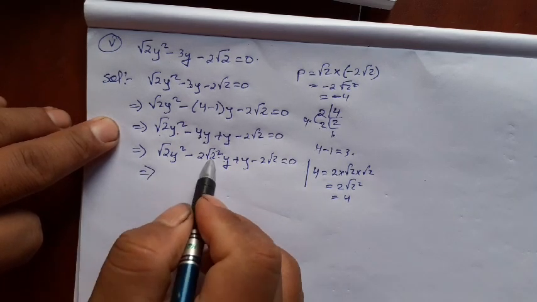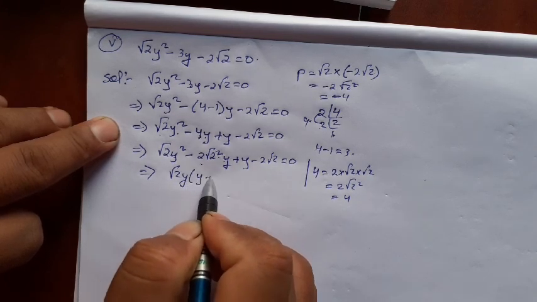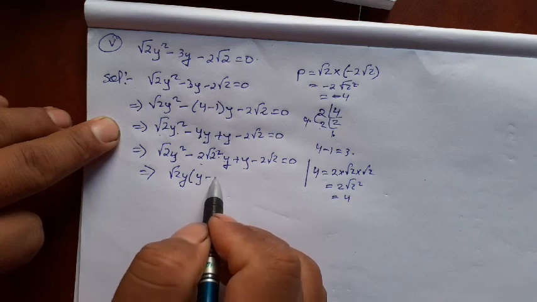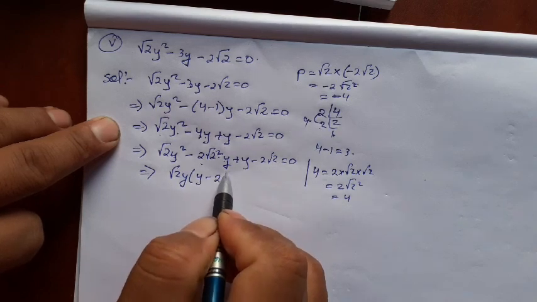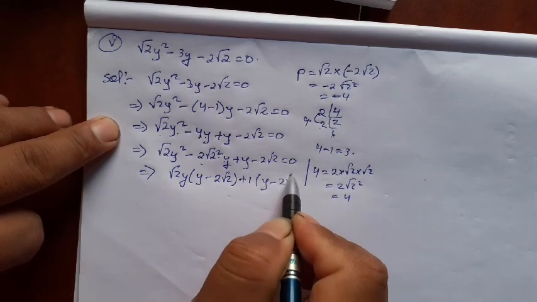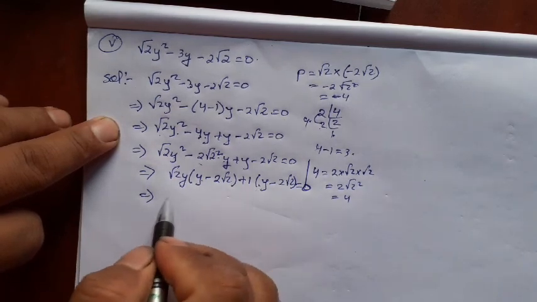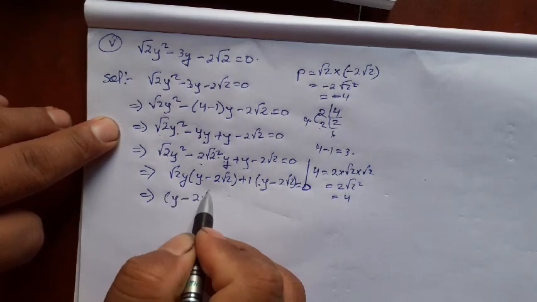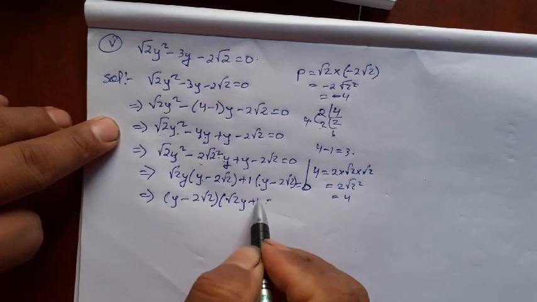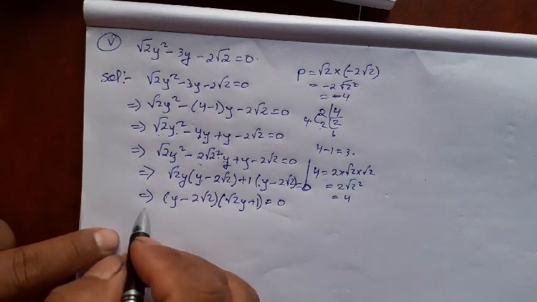From the first two, you take root 2 y common, then there will be y minus 2 root 2. Here you take 1 common, which becomes y minus 2 root 2 equals 0. This implies that you take y minus 2 root 2 common, then root 2 y plus 1 equals 0.